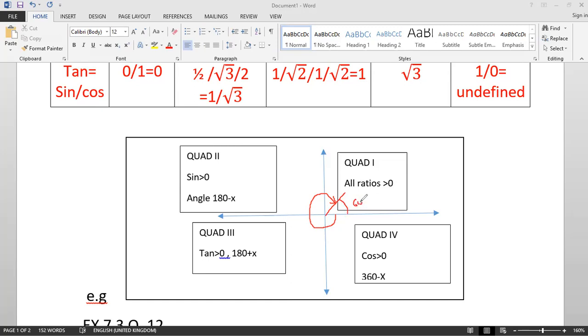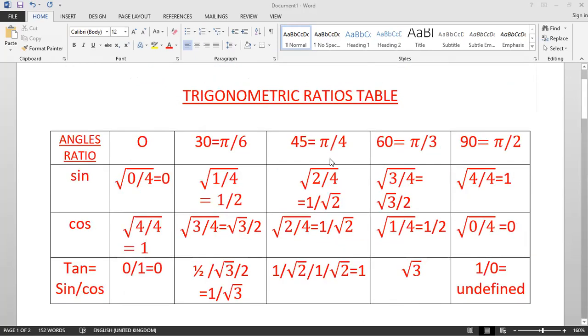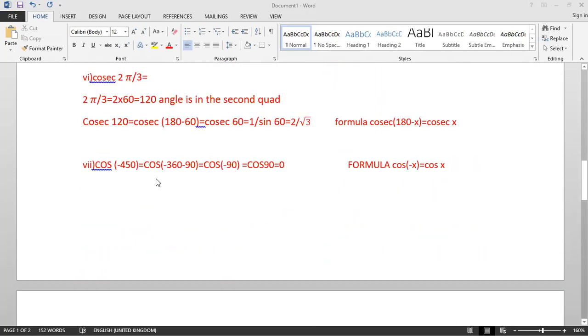So what we have done is convert negative 300 into plus 60 degrees, because we have learned the values of sine, cos and tan of 60 degrees from the table mentioned above. In fact, first we have to see the location, and then you will be able to find the respective 60 degree values. Now we go back to the question.